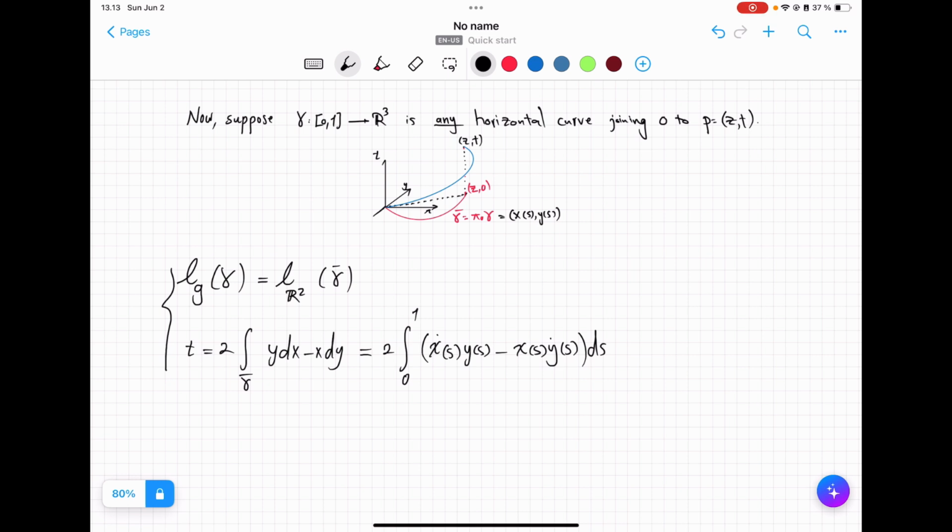And vice versa, we know that if you have any gamma bar satisfying the second condition, its horizontal lift will provide a horizontal curve from the origin to P. So we're pretty much characterizing every possibility.